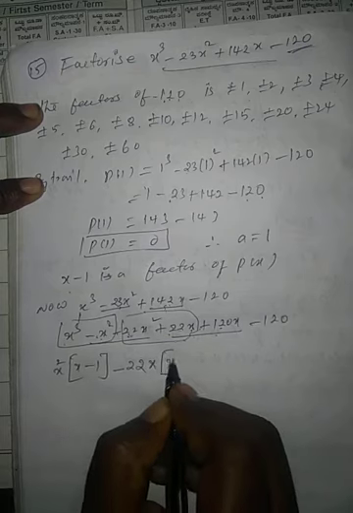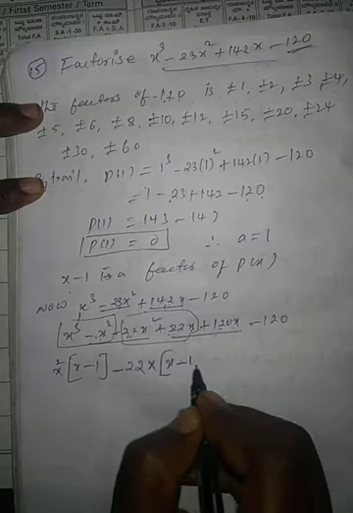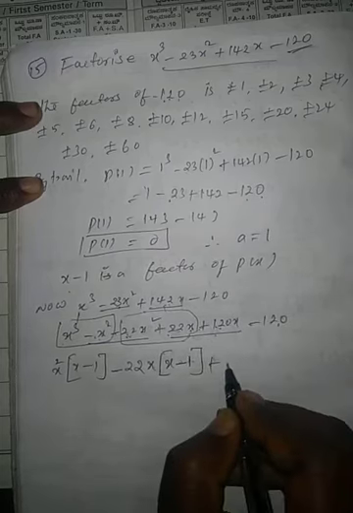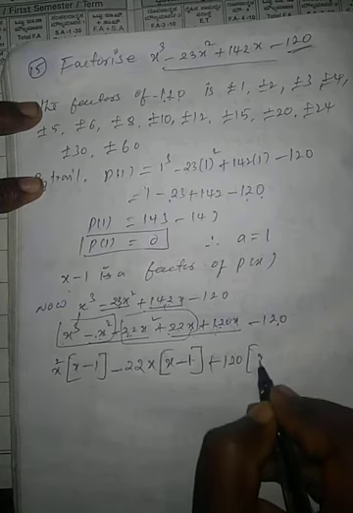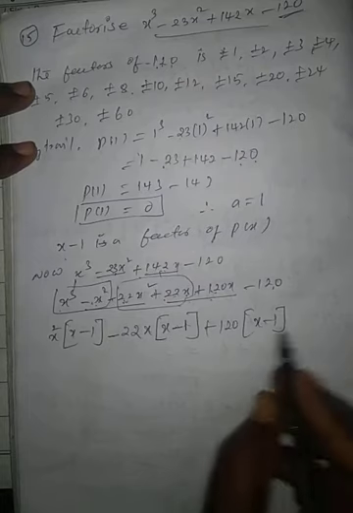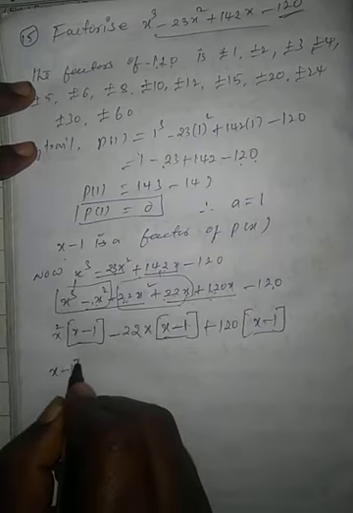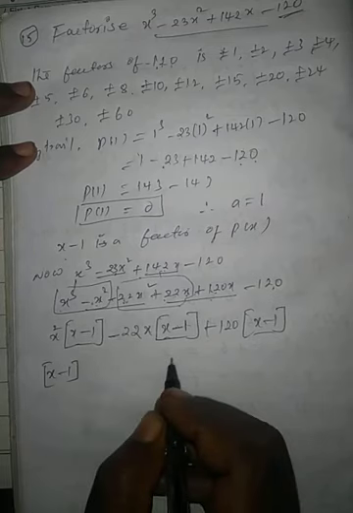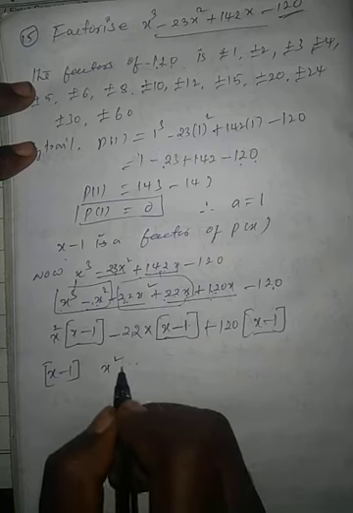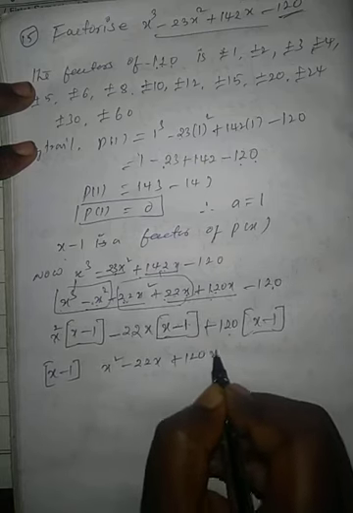Here x is taken as common factor, and minus into minus is plus 1. Then plus 120, and 120 is the common factor, and x minus 1 is inside the bracket. So x minus 1 and x minus 1. We already know that x minus 1 is a factor of the polynomial p of x, and the remaining is x squared, minus 22x and plus 120.